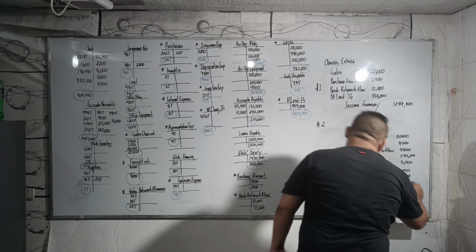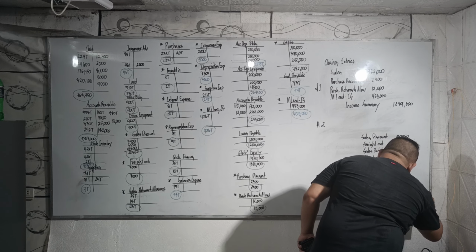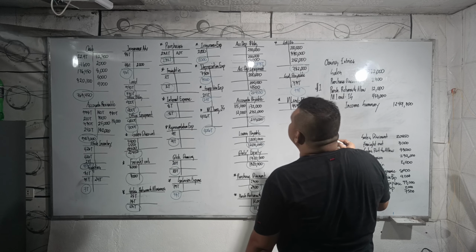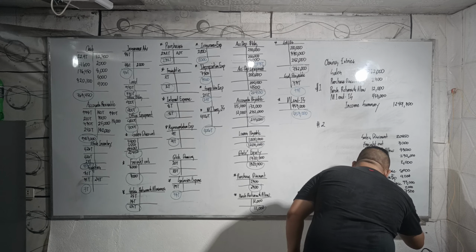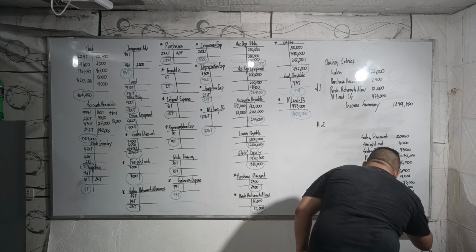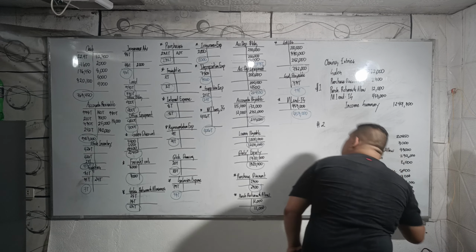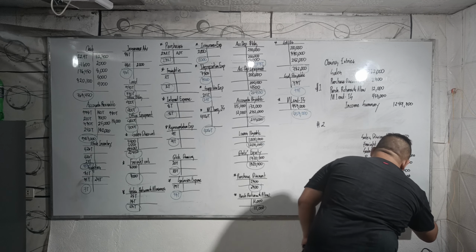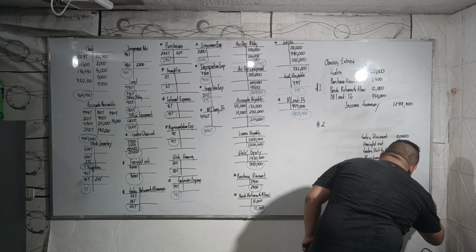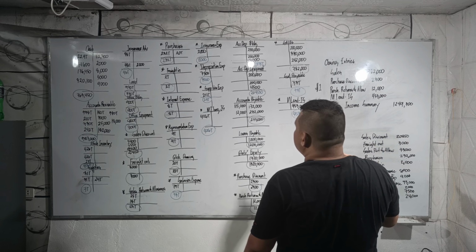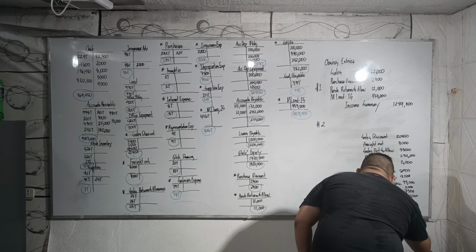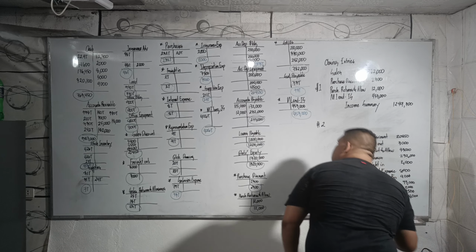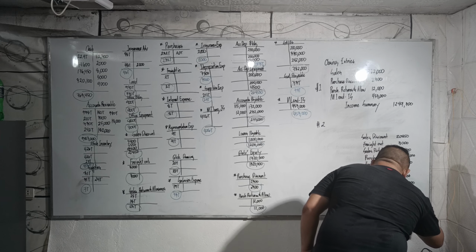Depreciation is 7.5. And then supplies expense. Supplies expense is 24,000. And then lastly, we have merchandise inventory beginning, 426,000.